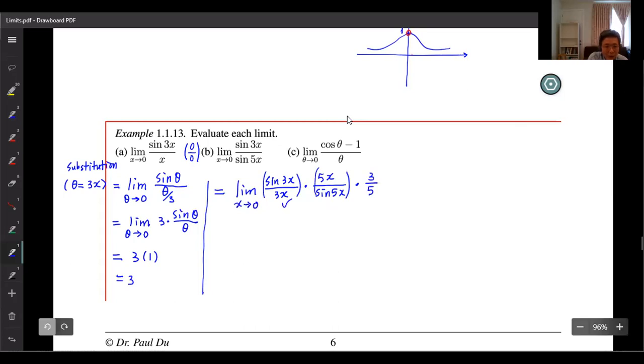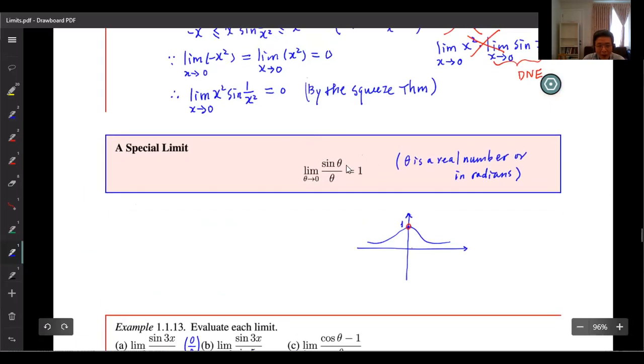You just treat 3x as a new variable mentally. Of course, 3x approaches 0 also, and 5x also approaches 0. So the first one must be 1, and the second is also 1, because it's the reciprocal of a basic limit. This constant we can bring out. So we got this one. That's how we apply this basic limit.